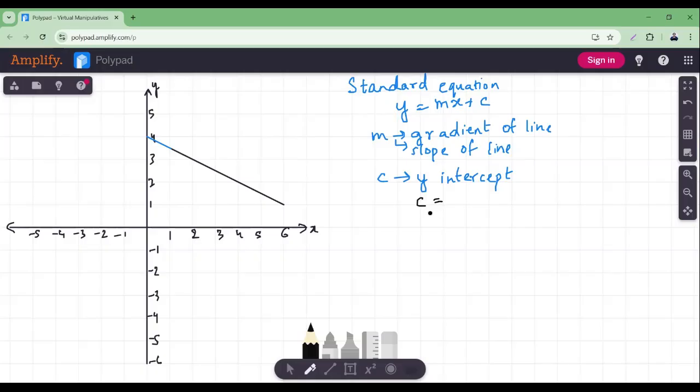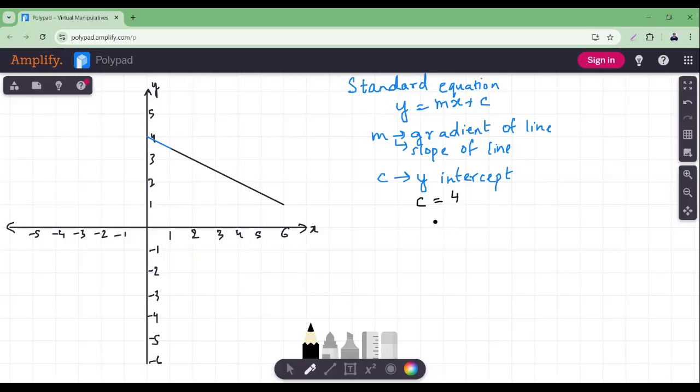It should not be drawn like this, because that is not the extension of this line. That would be wrong. It should be a correct extension of the line, and wherever it cuts the y-axis, it's called the y-intercept. In this situation, the y-intercept is 4. We just have to observe and write.